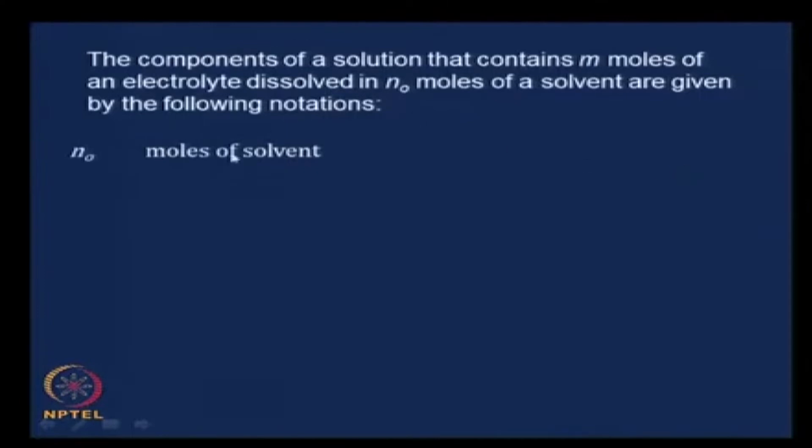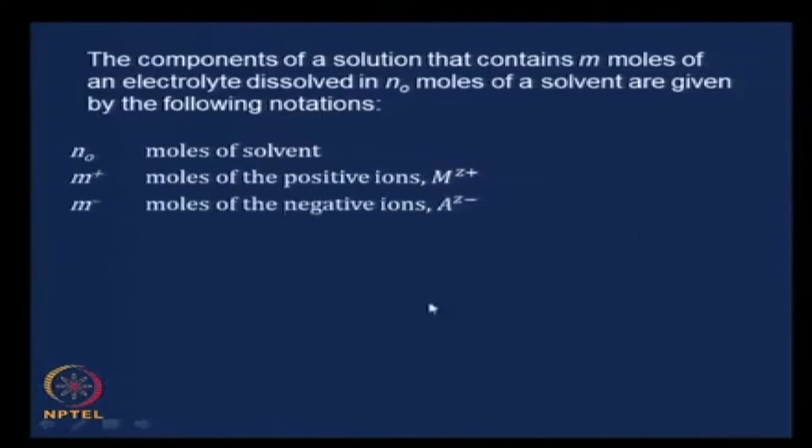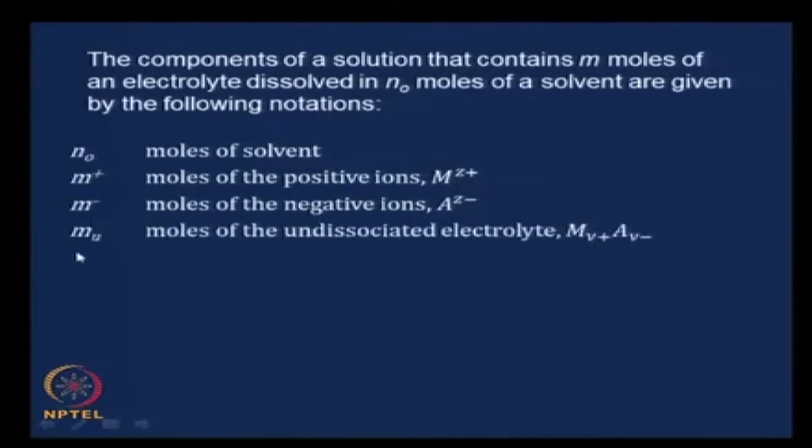If that is so, then the notation is N0, the moles of the solvent, as given here. M plus is taken to represent the moles of the positive ions M Z plus, M minus is taken to represent the moles of the negative ions A Z minus, and Mu is the moles of the undissociated electrolyte M nu plus A nu minus.